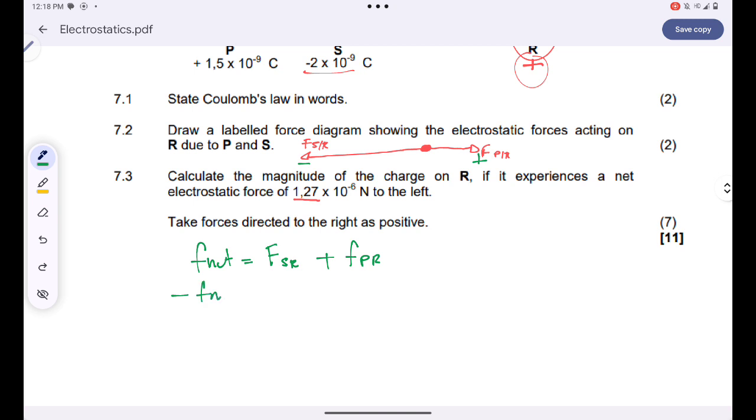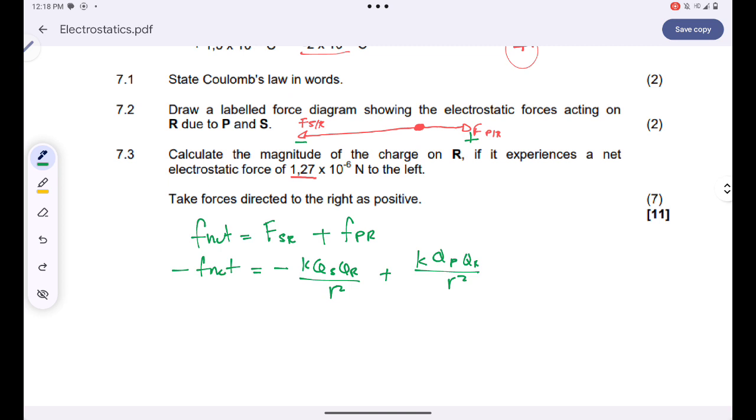Are you together? But since we are given the direction of our F net, I know that I have a negative F net, and then the force between S and R is to the left, so it's also negative. Let me just write the equation. That's K QS and QR all over r squared plus K QP and QR all over r squared.